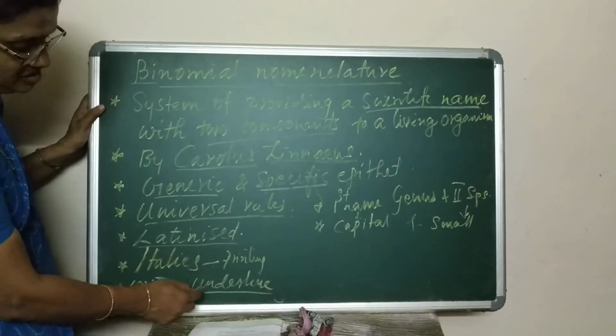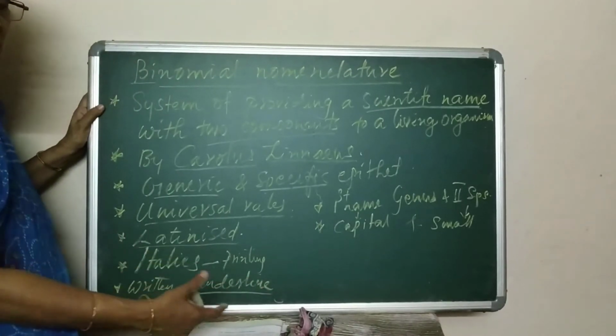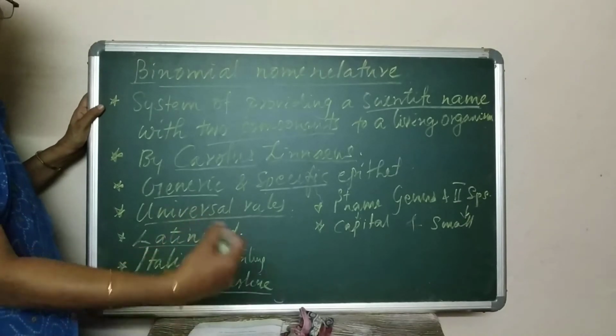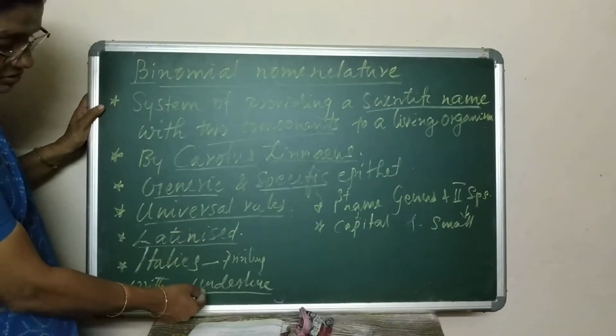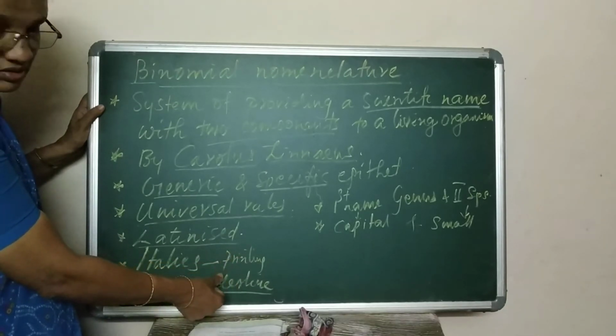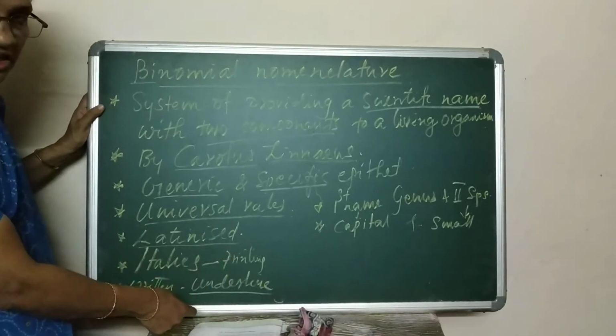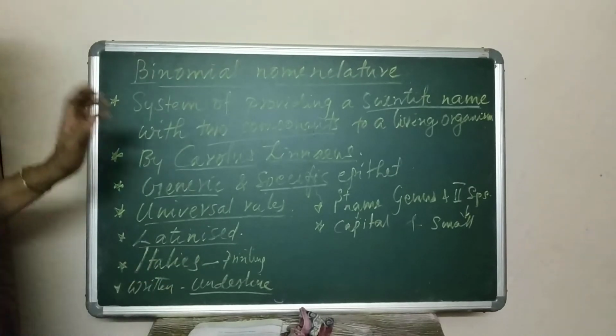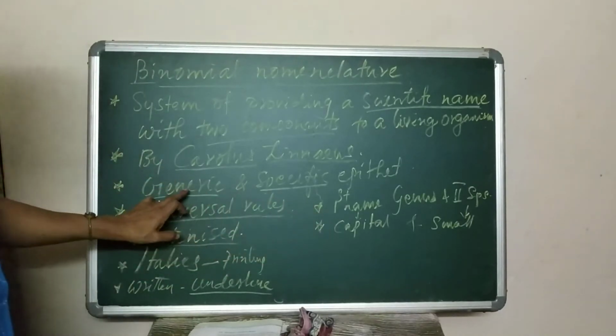If you write scientific names by hand, then we underline the names. Okay, another important thing: each name consists of two components.